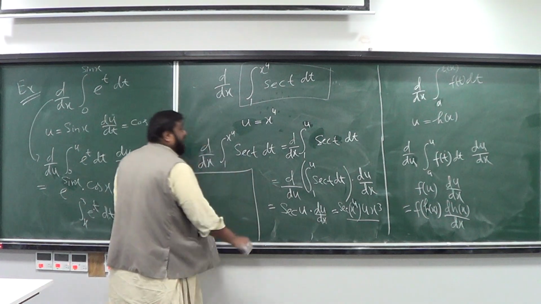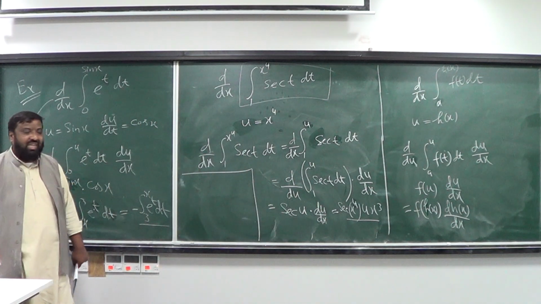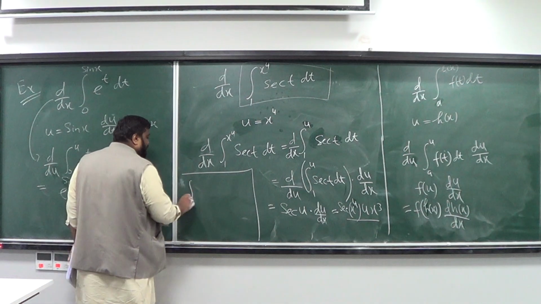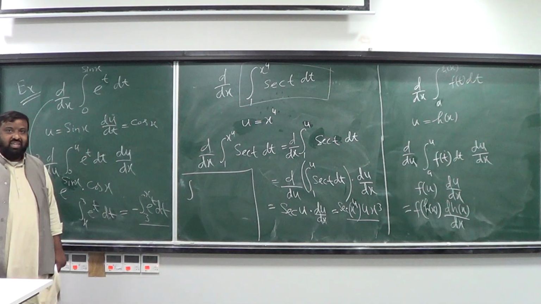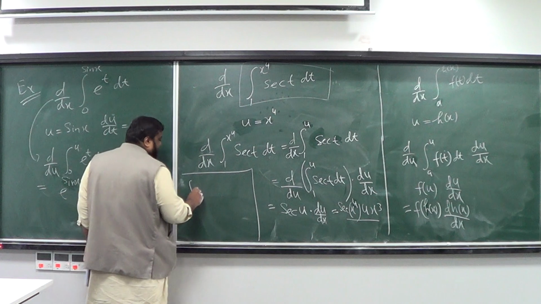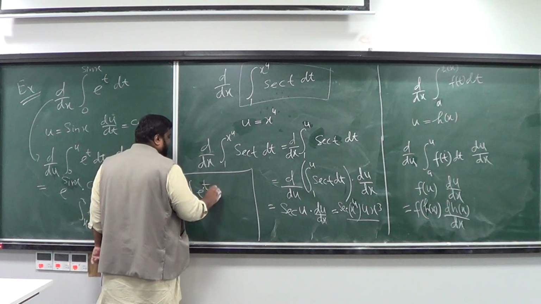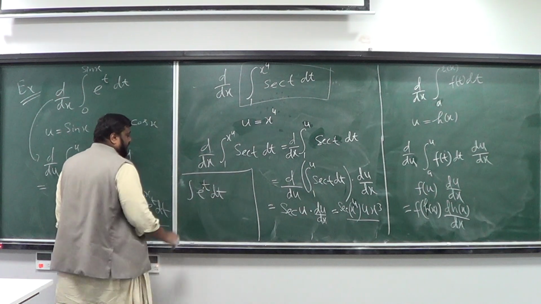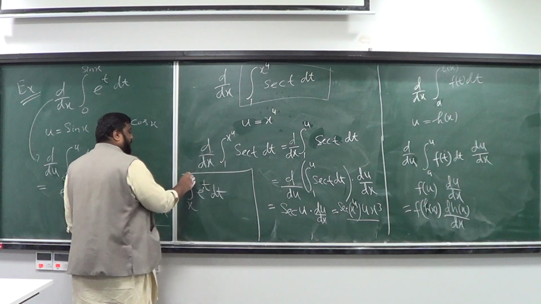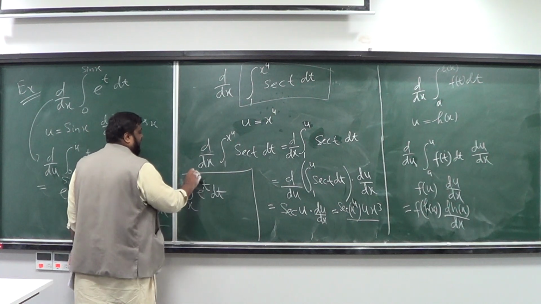But the more interesting question would be, what if both of the limits are variable? In other words, you have to integrate, say, e to the t dt from x up to x squared.